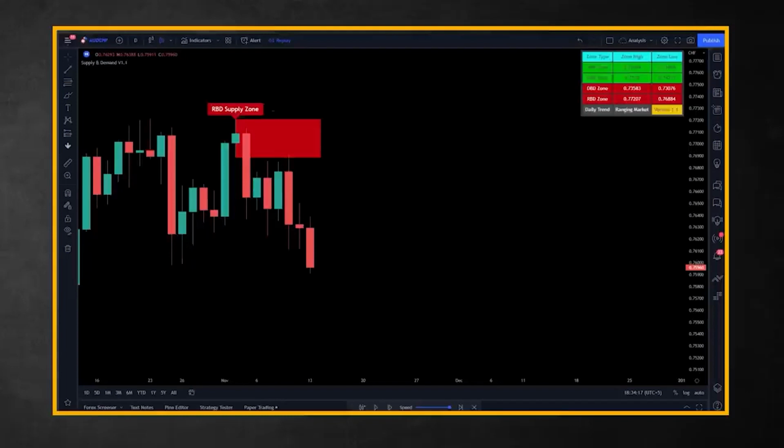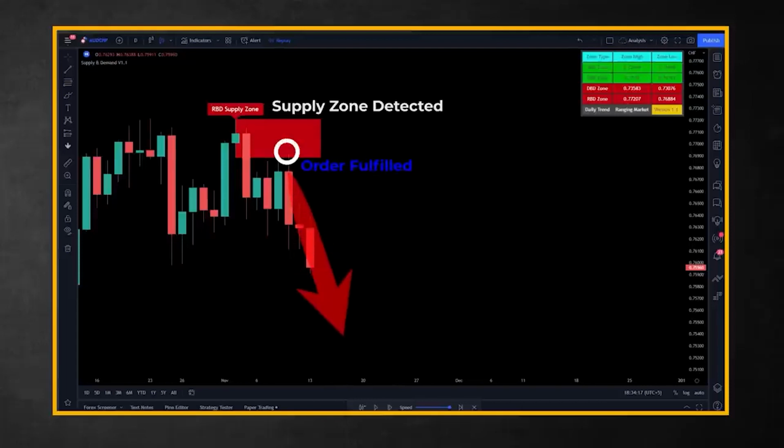For example, here we can see the formation of a supply zone at daily time frame, and after picking the pending orders from the supply zone, the market is headed in the bearish direction. So when we go towards a lower time frame and see any supply zone forming, we should be comfortable to trade that because the price is already moving in the bearish direction at daily time frame.